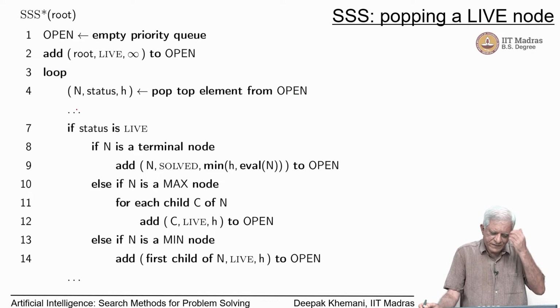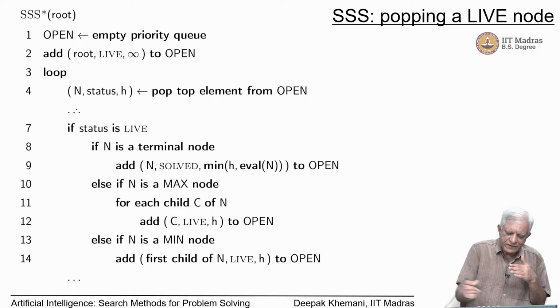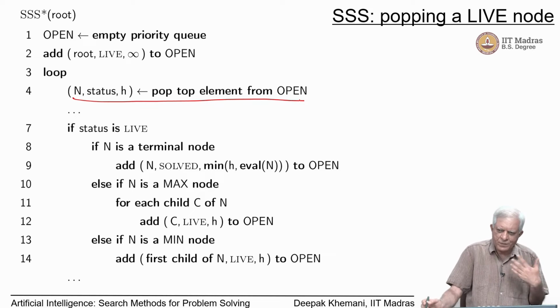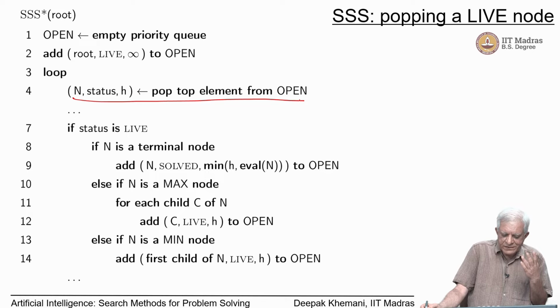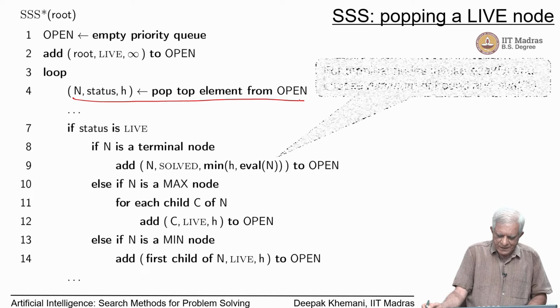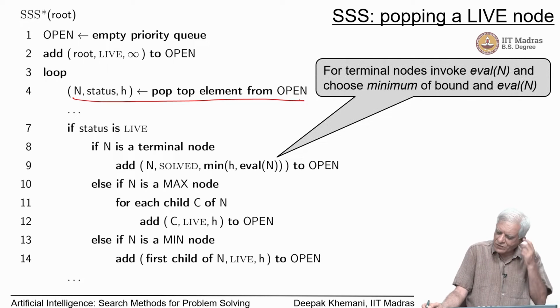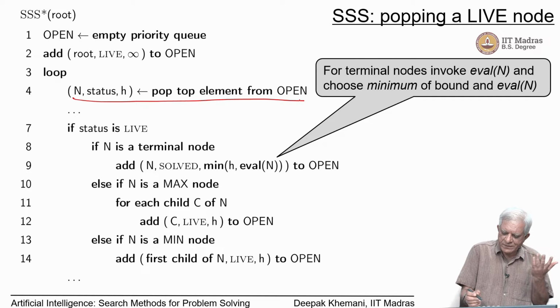The second phase, which is the forward phase, again we have popped this node. Remember, we are in this loop, in every cycle we are doing this. In the forward phase, we will pop a live node essentially. So, we are checking here if the status is live, and for terminal nodes, invoke eval n and choose the minimum of the bound.